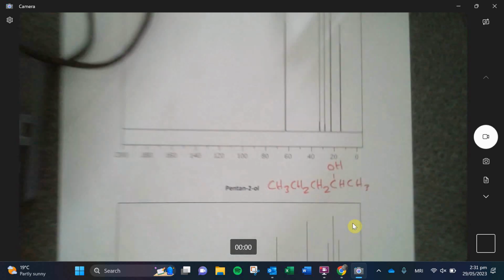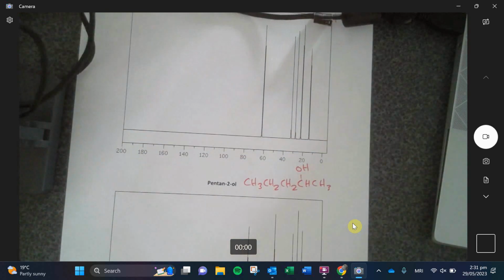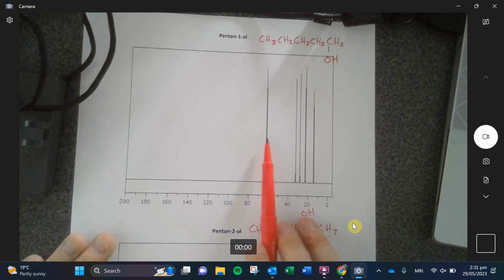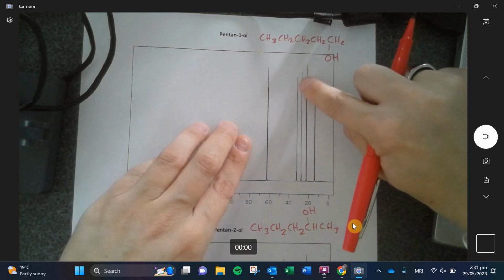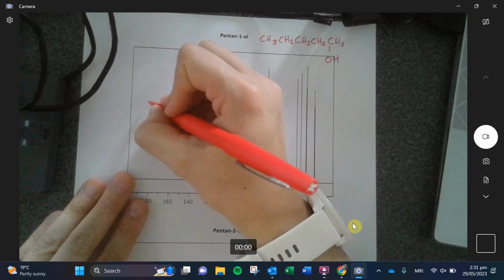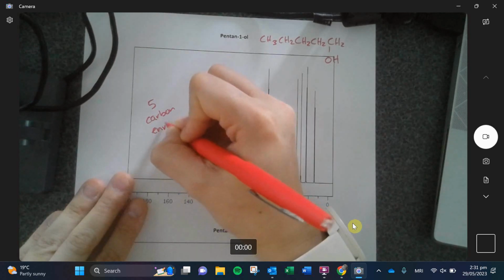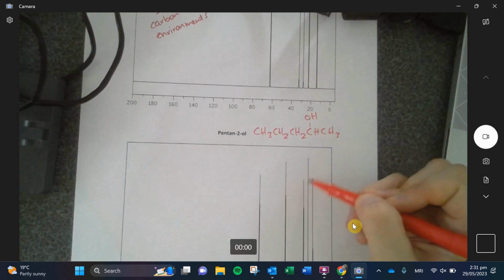I'm going to zoom out so you guys can see both of them at once. Now, what you'll notice with the CMMR data is that both of these have 5 carbon environments. 1, 2, 3, 4, 5. And if we look at this one down here, 1, 2, 3, 4, 5.